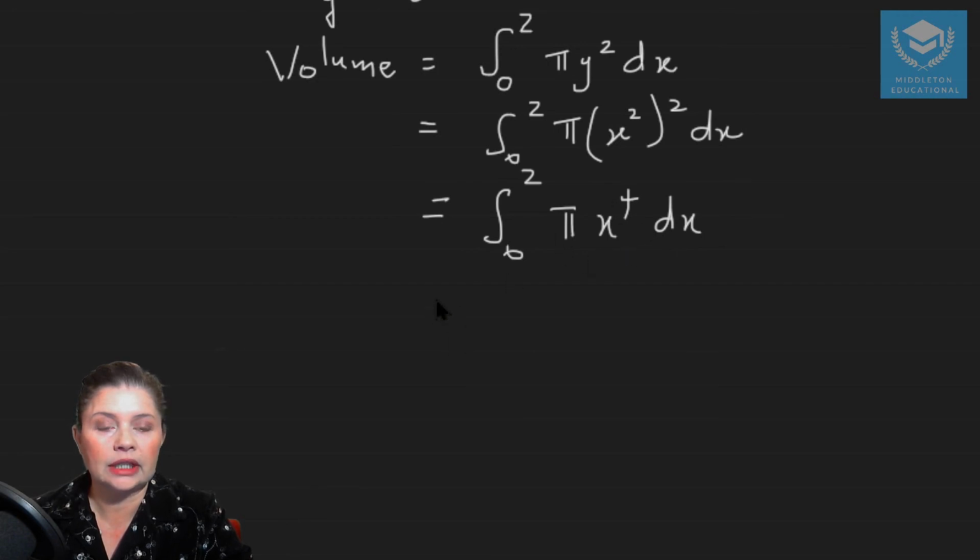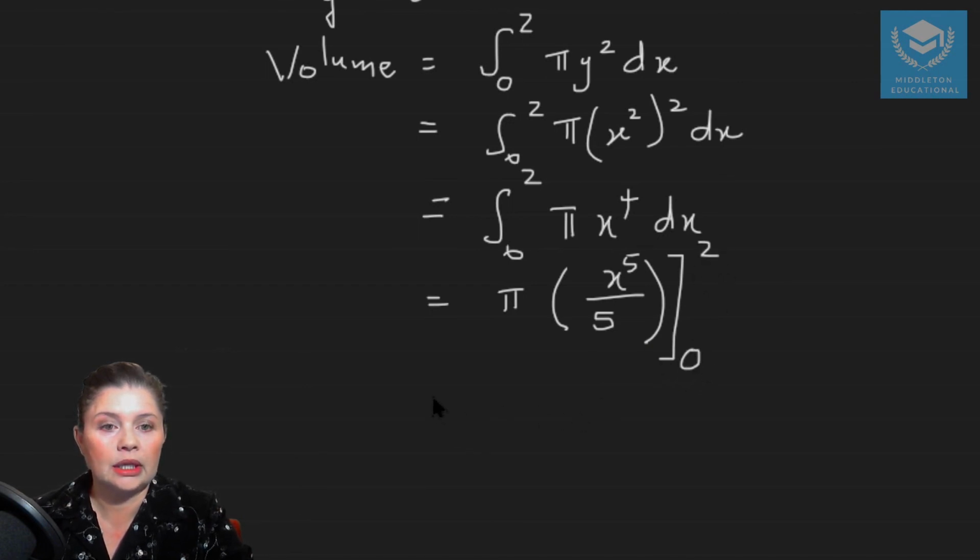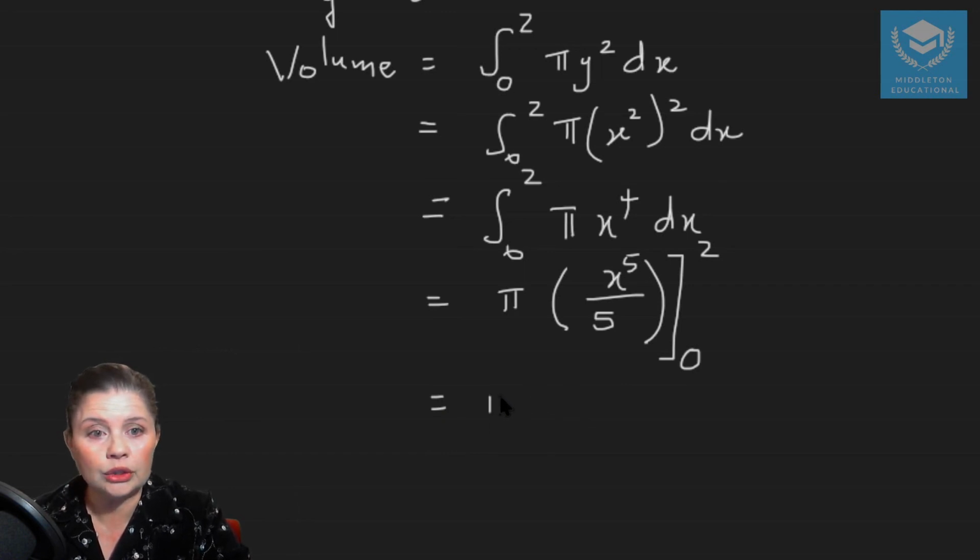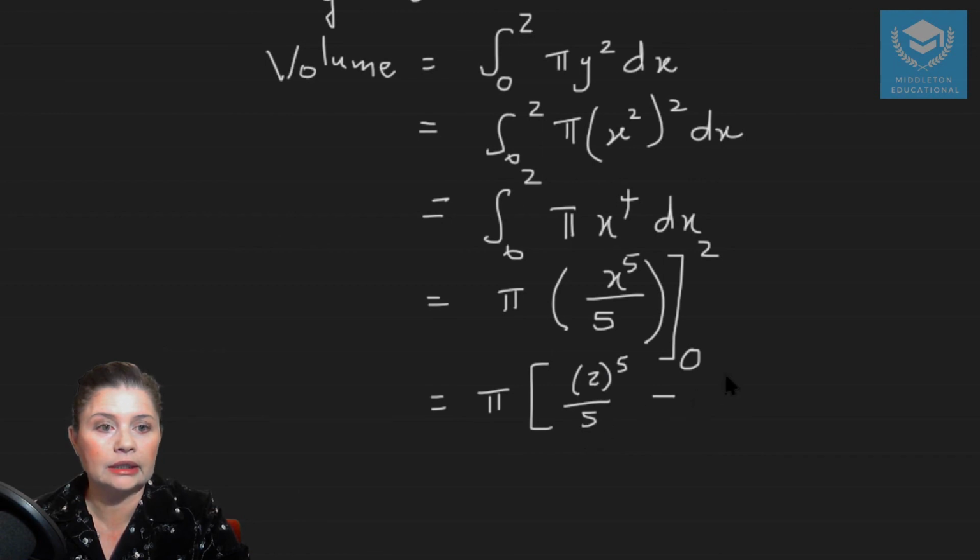The integral of that is going to be pi times x to the 5 over 5, and your limits are 0 and 2. When we substitute in, we're going to get pi times the function at our upper limit, 2 to the 5 over 5, minus 0 to the 5 over 5.